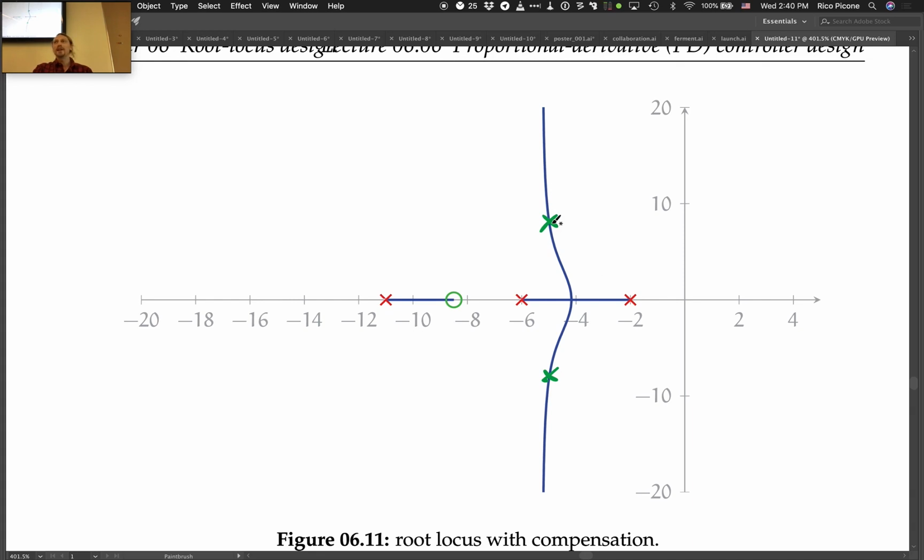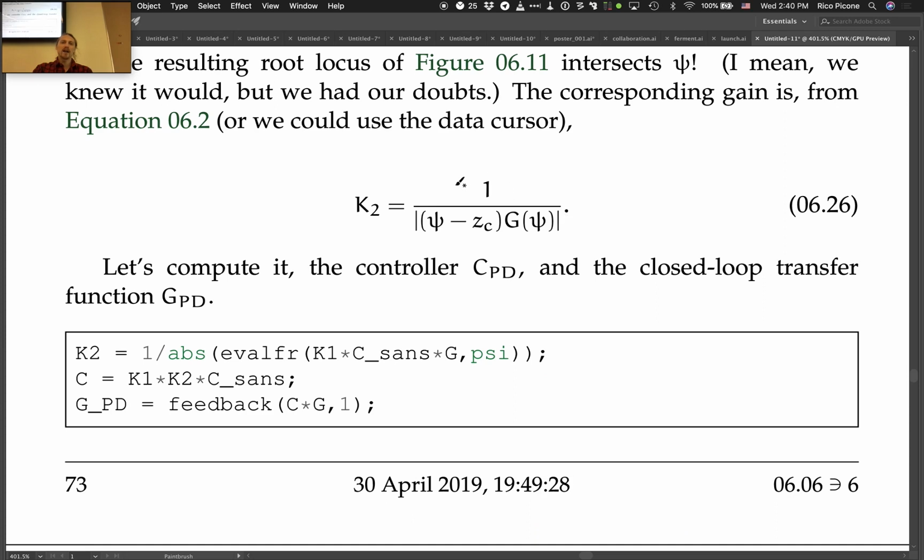But since you're guaranteed mathematically to have a root locus that goes through that point that you want, psi, you can actually just use this nice analytic expression too, which is what I do here. So K2 is equation 6.26, which comes from lecture 6.1, I believe it was, which is determining a gain that corresponds to a certain root locus point.